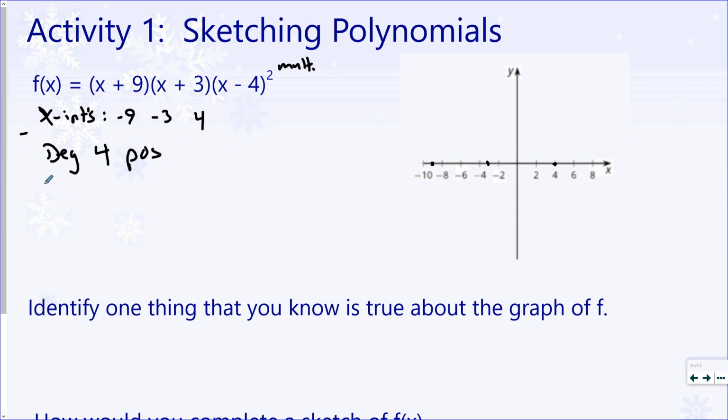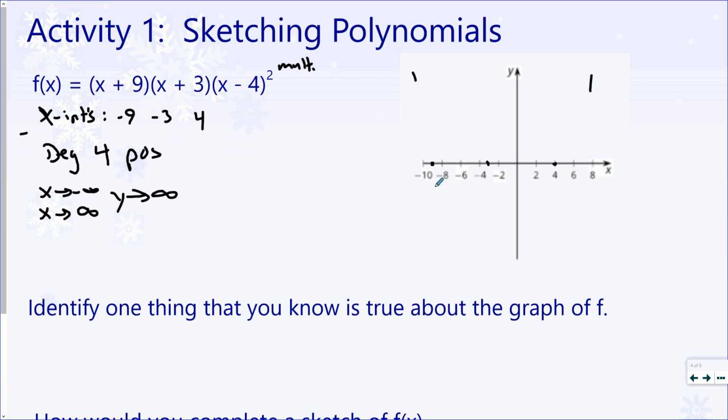So it's going to have, as x approaches negative infinity and x approaches positive infinity, on both sides, even, it's going to be like a parabola. Y approaches infinity. So what's going to happen? It's going to start high, and it's also going to end high. So it's going to do something like this.